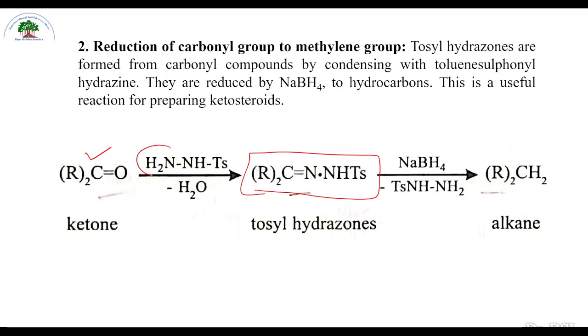This is toluene sulfonyl hydrazine, and these tosyl hydrazones are reduced with the help of sodium borohydride, and we get alkanes or hydrocarbons. This is a useful reaction for the preparation of ketosteroids.